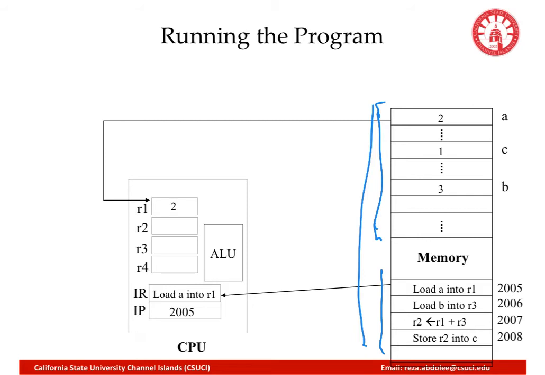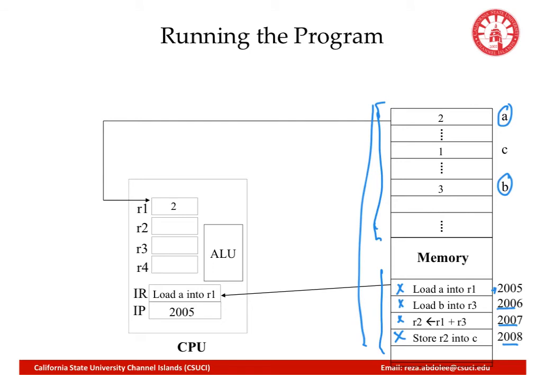You can see the four of our instructions are stored within the RAM, and the addresses of these instructions are given in here: 2005, 2006, 7, and 8. We have 4 instructions, and our data is also specified by variables A and B. Basically, these are the addresses that contain those data values for us.